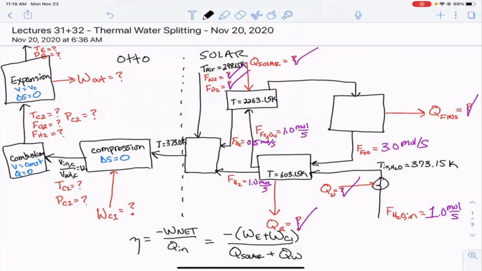Or the effective flow rate, even though we usually treat the Otto cycle as a closed system. So we're going to do something that's kind of weird. We're going to actually talk about things in terms of flow rates, but knowing that the calculations we have to do based on the assumptions for the Otto cycle are a closed system. And so this is going to feel a little bit uncomfortable, and that's okay.